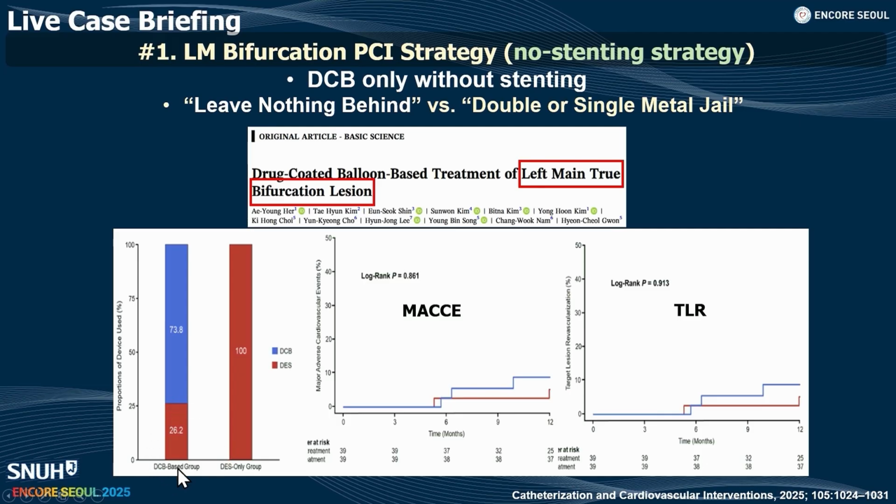Crossover rate is about 25%. One-year MACE and TLR is very similar. Numerically a little bit higher with DCB strategy, but not so significant difference. Thus, we can consider no stenting strategy depending on the lesion complexity.